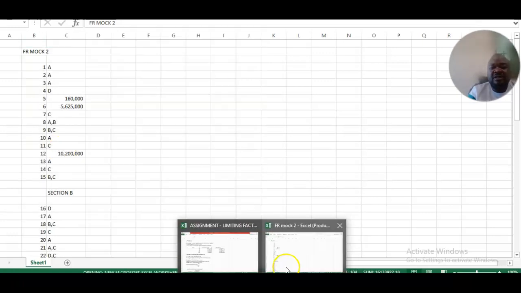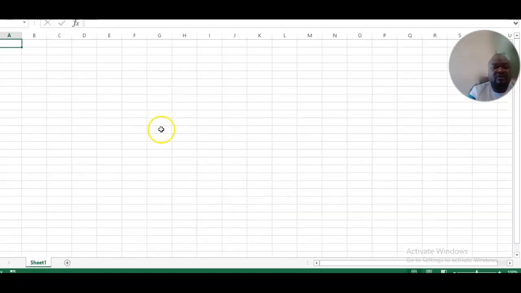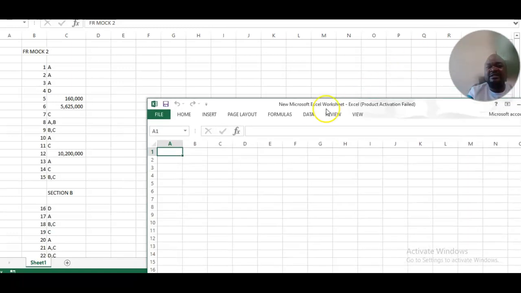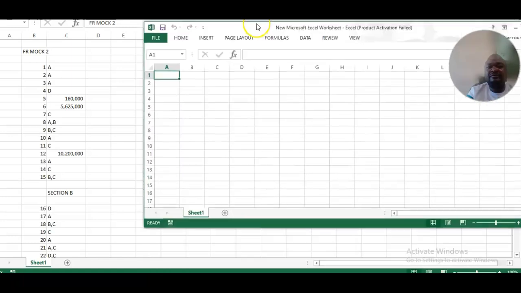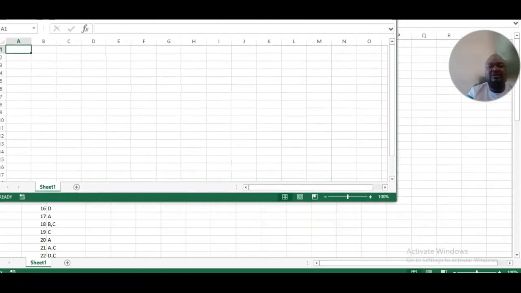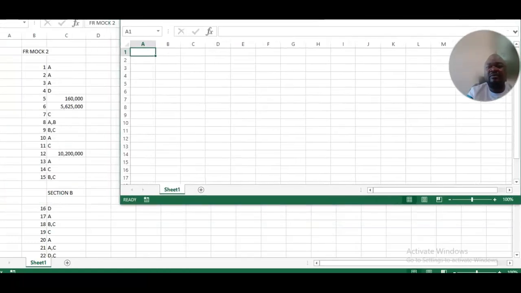Look what's happening now. We are trying to open a new sheet, but something is popping up. If we had been doing all of this on the Excel sheet, our work would have been less daunting. Anyway, we must learn to cope with pressure.